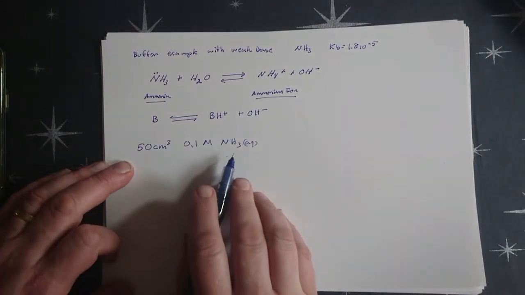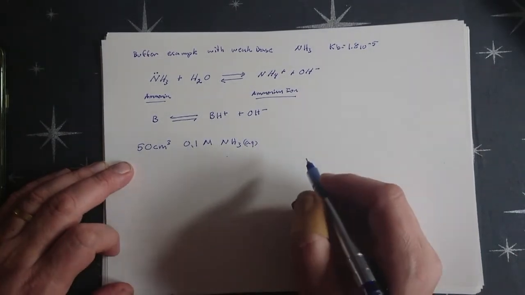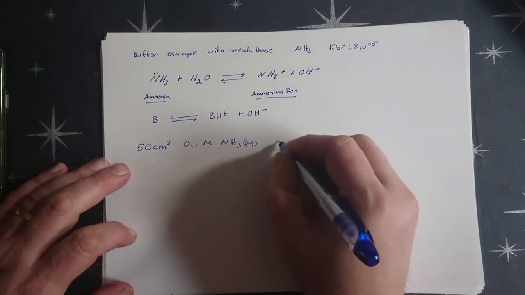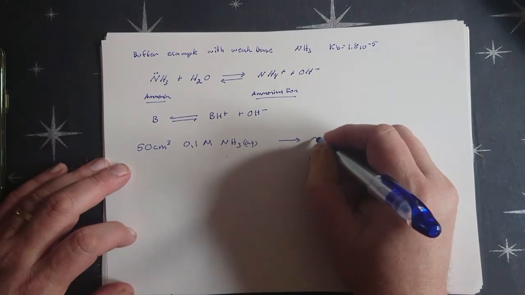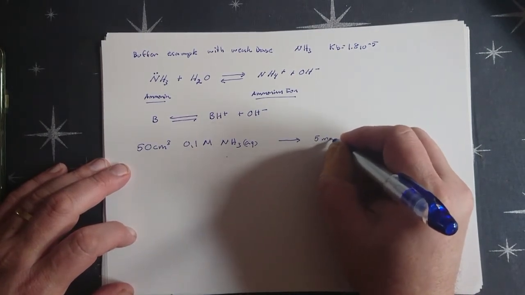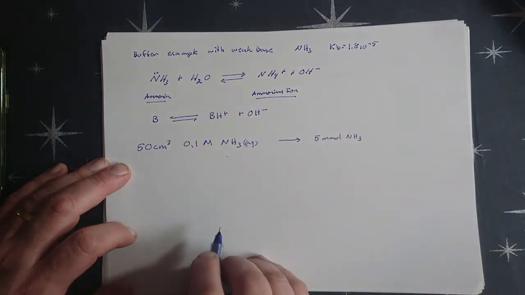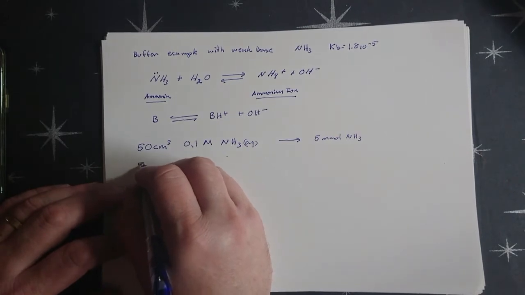All right, so we have some dissolved ammonia, and we have this concentration. And if we want to, we can go all the way out and realize that this is, of course, going to be 5 millimoles of NH3 in solution. Just to make sure that we are clear about that.